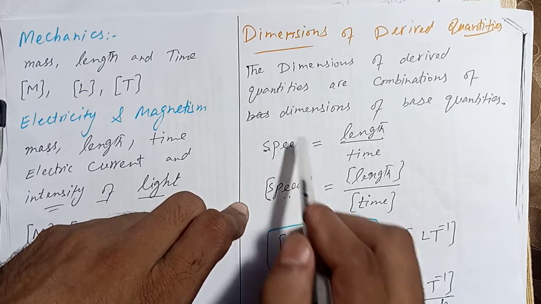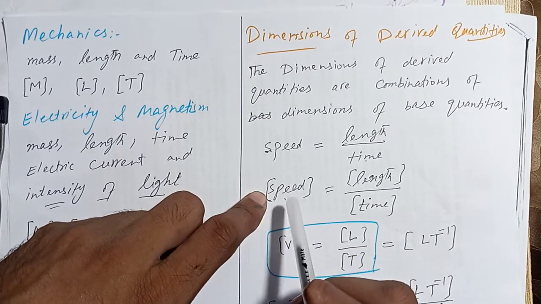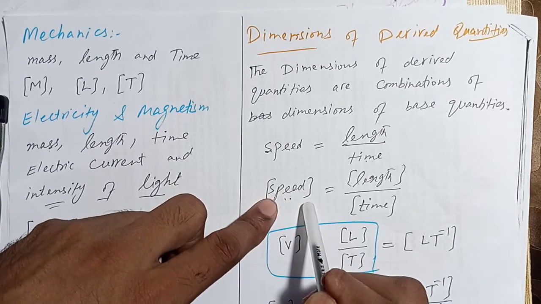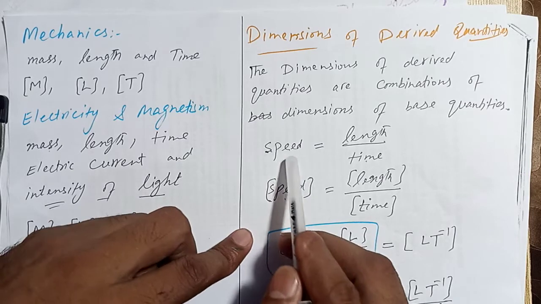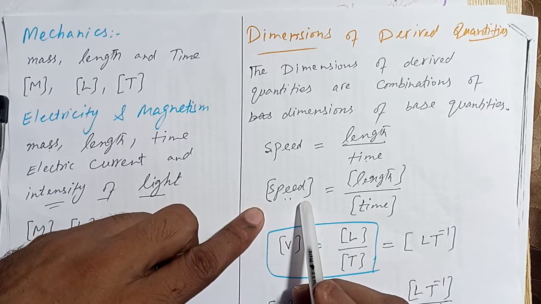When we write a physical quantity in square brackets, it means that we are talking about the dimension of that quantity. So this is the formula of speed and this is the dimensional formula of speed.